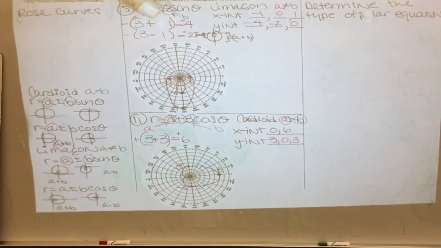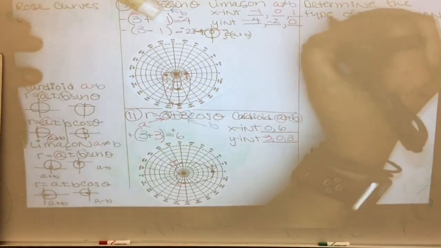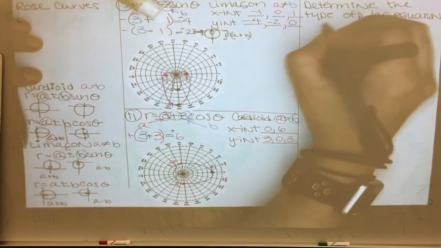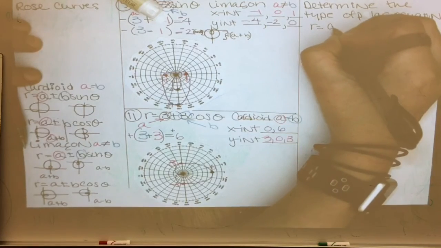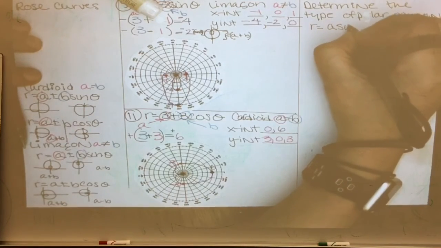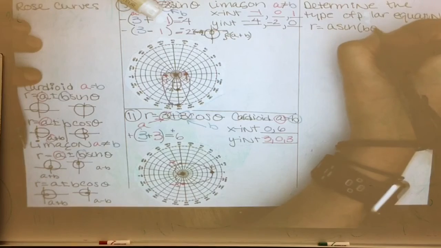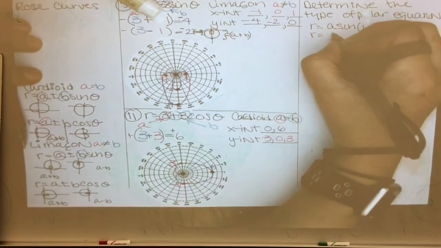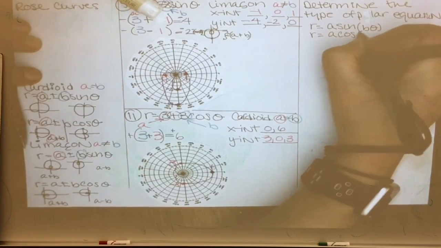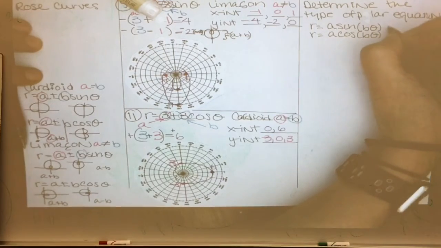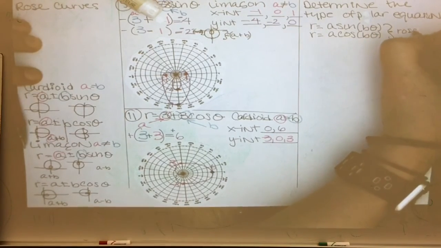And I have some tips on how I remember. If it's something like R equals A sine B theta, or R equals A cosine B theta, then these two are rose curves.